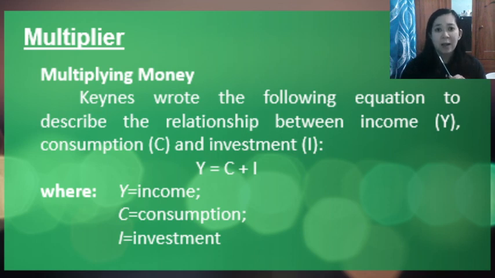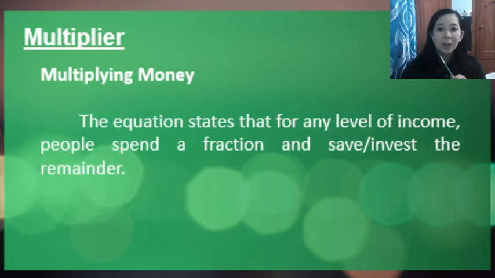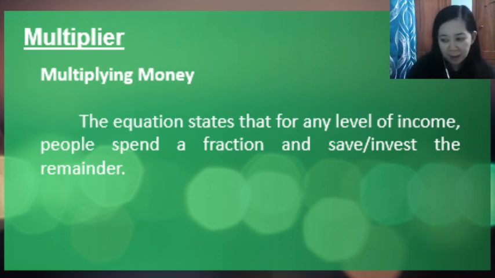Savings is on the individual level, whereas investment is government spending. So the equation states that for any level of income, people spend a fraction and save or invest the remainder. That's how he based his theory. So that's all for the multiplier.